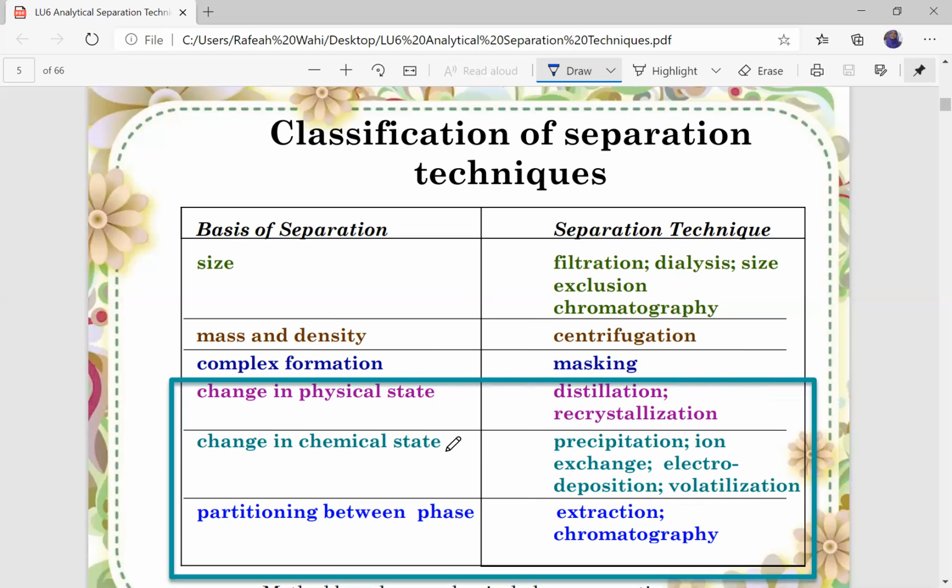Analytical separation can also happen based on changes in chemical state, for example, precipitation process, ion exchange, electrodeposition, and volatilization. Remember, in Learning Unit 3, we have also learned about precipitation process and volatilization process, in which the separation of chemicals or analyte is based on the chemical state.